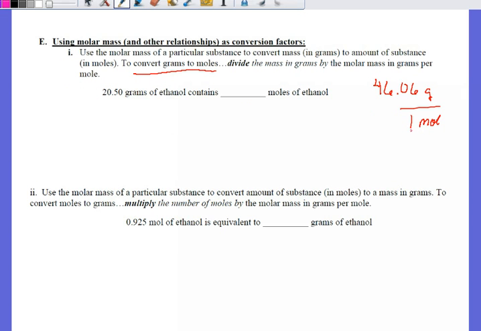So you need a molar mass of the substance that you're working with. In this case, ethanol. We want to make sure that we get the right number of moles for the chemical reaction to proceed the way it's supposed to. In order to do that, we have to go back and forth with grams quite a bit. So in this particular kind of problem, you're going to start off with your 20.50 grams of ethanol, which is CH3CH2OH.